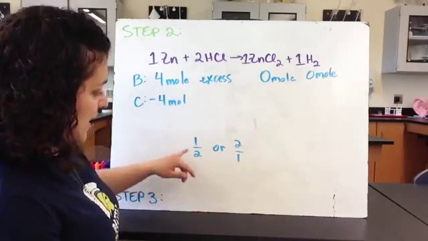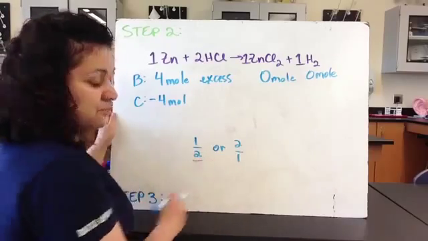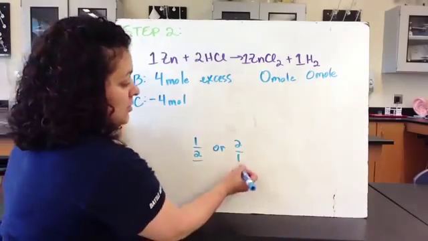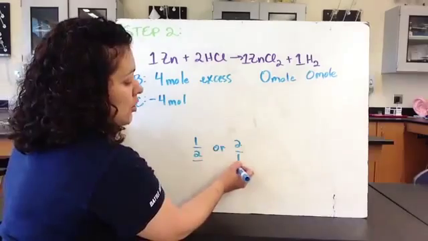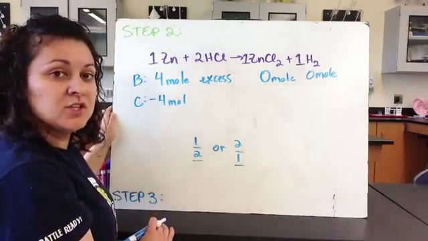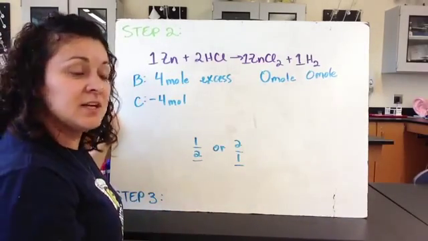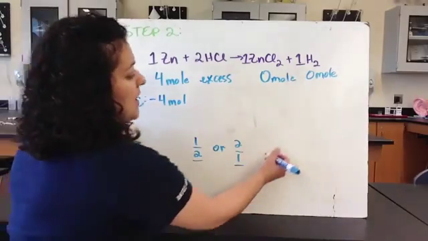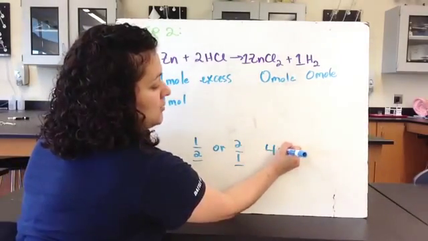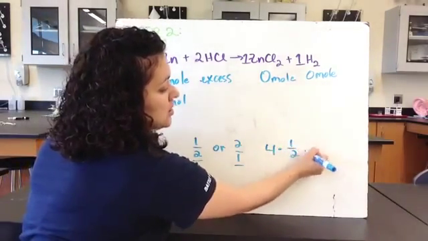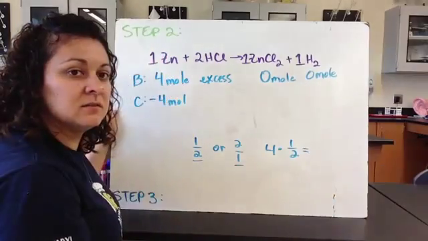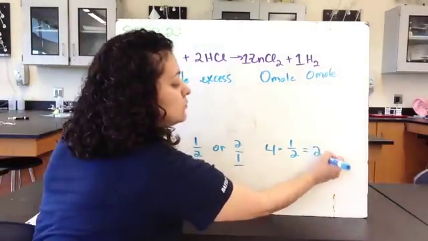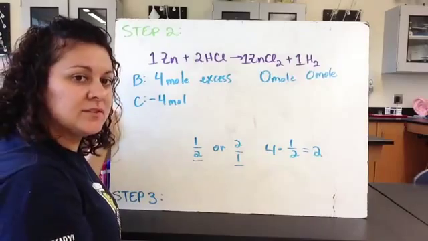So then we have to decide, do we multiply by the 1/2 ratio, or do we multiply by the 2/1 ratio? Which one is going to get our number to increase? So let's try it. We have 4, we're going to multiply it by our 1 to 2 ratio, and we get 2. Did that number go up or go down?